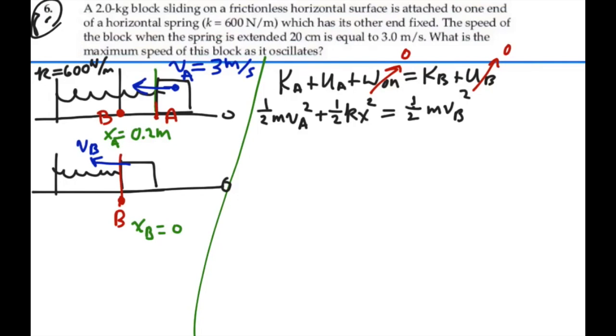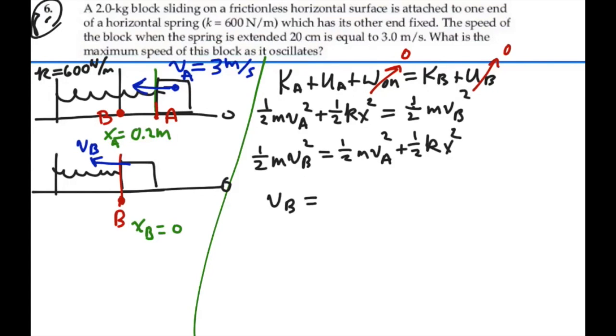So let's solve this for our velocity at point B. We have 1/2 mass times velocity at B squared is 1/2 mass velocity at A squared plus 1/2 kx squared. Multiply both sides by 2, divide by the mass, take the square root.